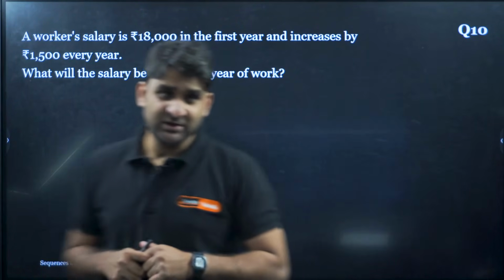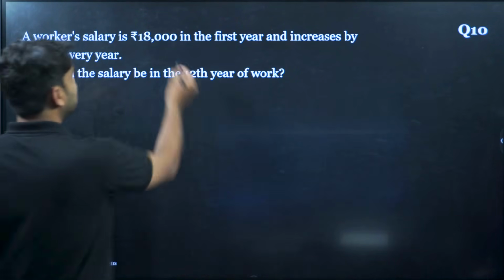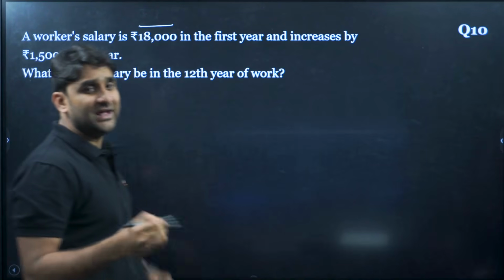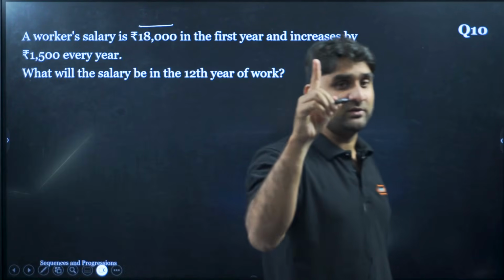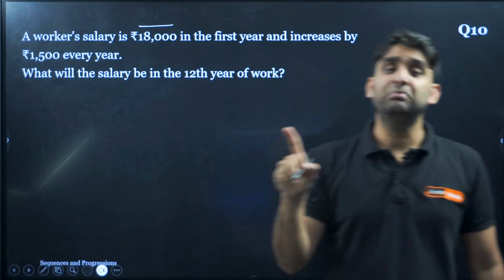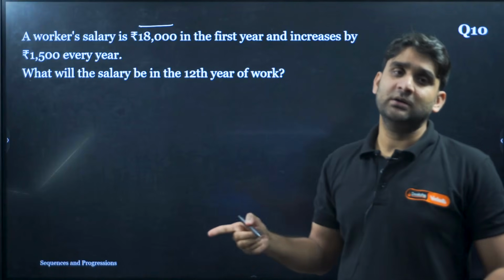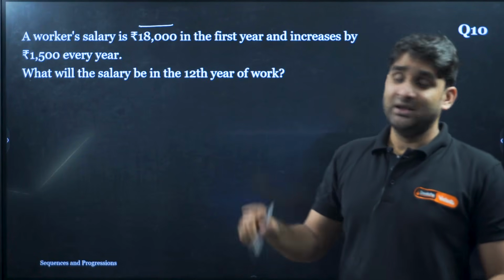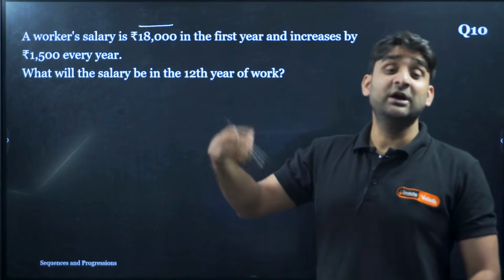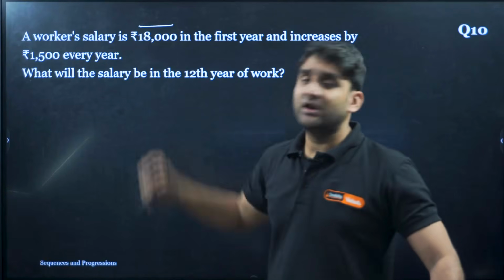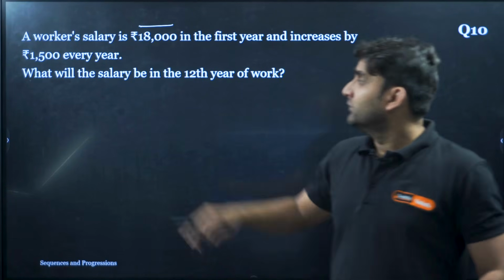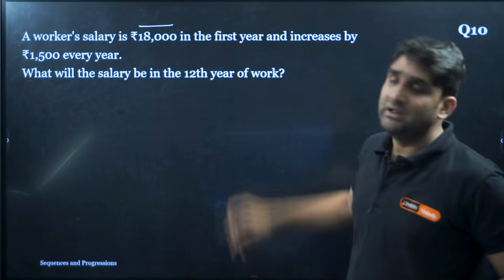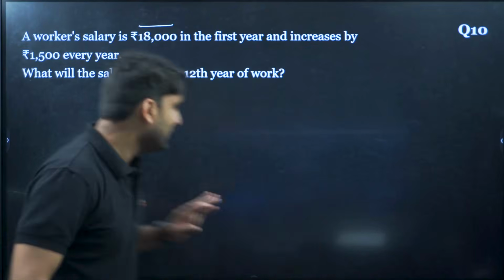So the question is, there is a worker whose salary was 18,000 in the first year, and the company proposed that every coming year, 1,500 will be added to his salary. So what will be the salary in the 12th year of work?